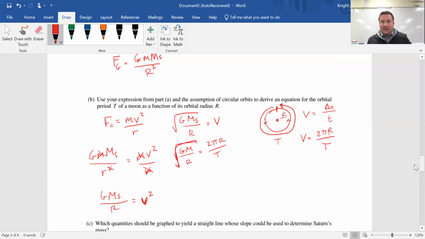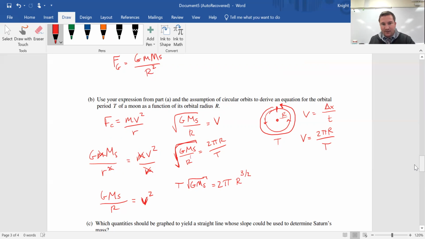And now we need to rearrange this so that it's in terms of t. I mean, technically it is in terms of t and r already, but I think we can clean this up a little bit. So I'm going to multiply t over to the other side, and multiply root r over to the other side. So I'm going to get t root G ms, because that's still the mass of Saturn, is equal to 2 pi r to the 3 halves, right?